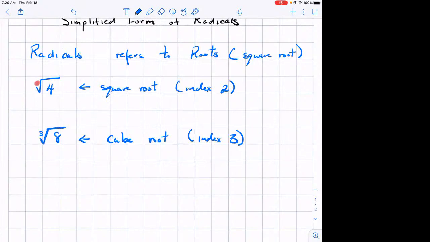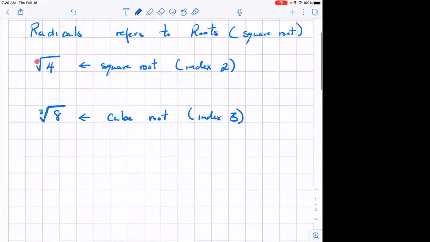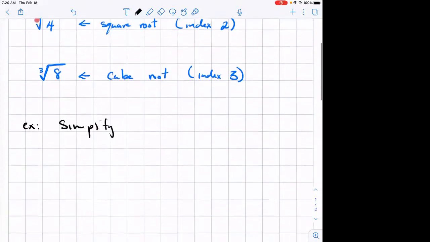So how do we simplify radicals? We know how to simplify radicals when the radicand is a perfect square or a perfect cube. For example, if I ask you to simplify the square root of 16.